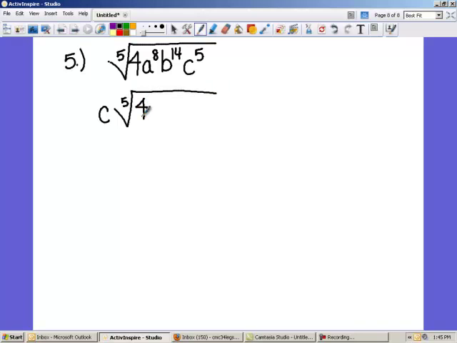Now before I go through and write the leftover part, I want you to realize that you can break that apart. Our goal is to try to get an a to come out of there somehow. So if you think about 8, we know that 5 plus 3 equals 8.